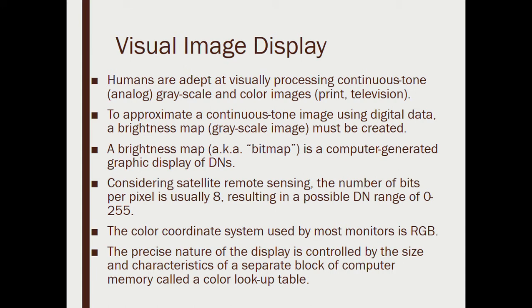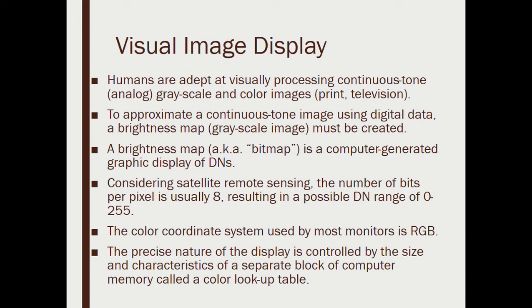A brightness map, basically a bitmap, is a computer-generated graphic display of digital numbers shown on the monitor. For satellite remote sensing, the number of bits per pixel is usually 8, resulting in possible values from 0 to 255. It's the same as the image that we capture from a digital camera.